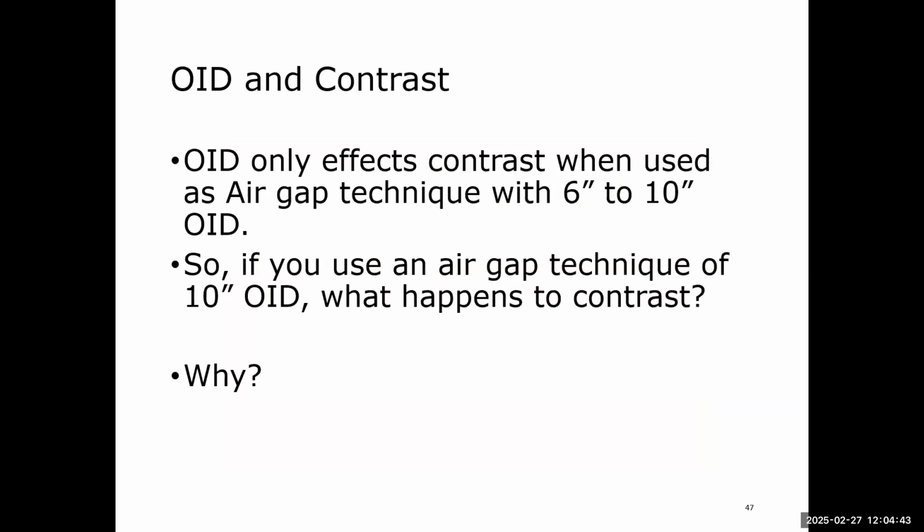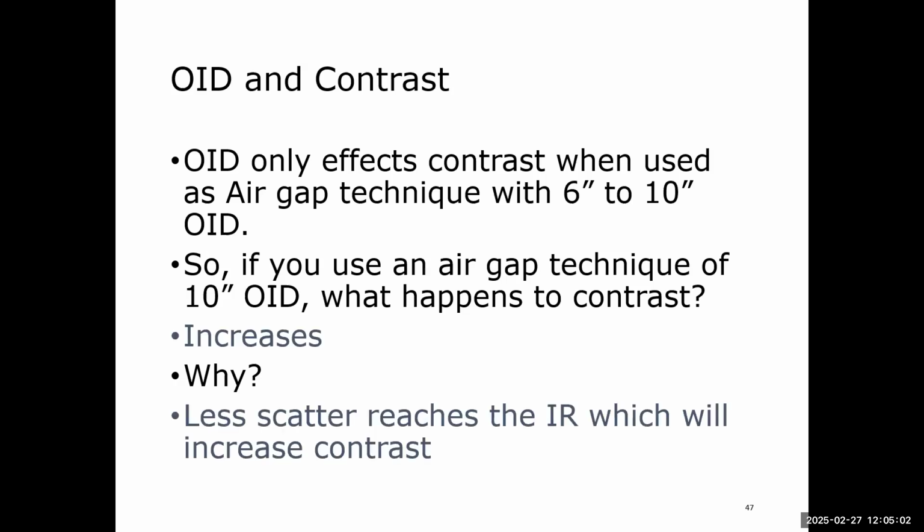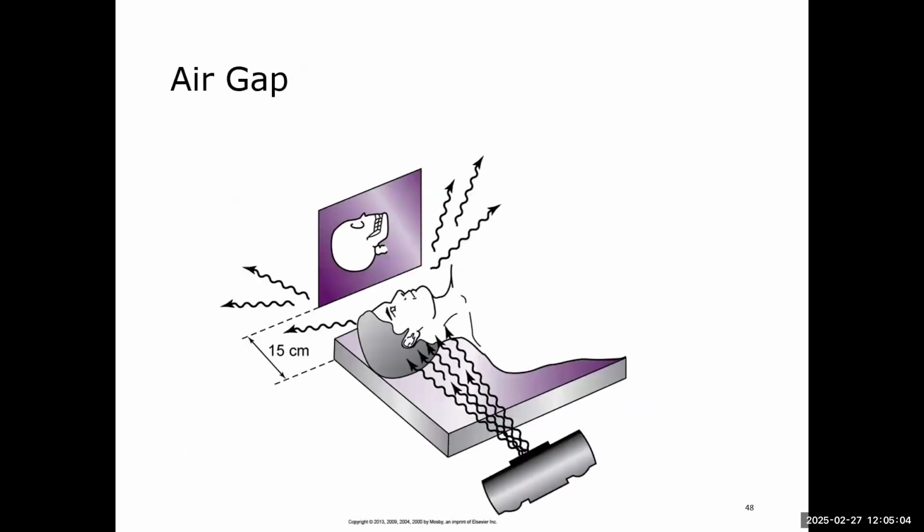So it's for the same reason that it affects receptor exposure and contrast, but in different ways. So it reduces receptor exposure because the scatter is hopefully missing, which improves the contrast because the scatter is hopefully missing. And that's just a picture of what is supposed to be happening when you use air gap.